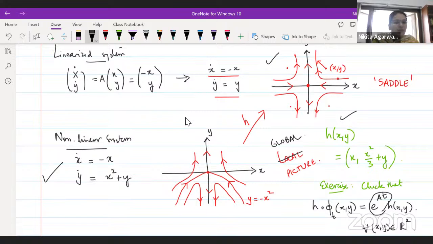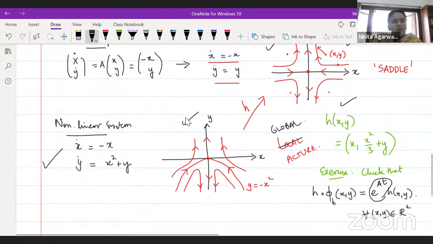And there'll be a curve where as time goes to infinity, you will go to infinity. And no other trajectory is going to approach 0. Everything is going to diverge off to infinity. So whatever is happening here will happen here locally. Okay.